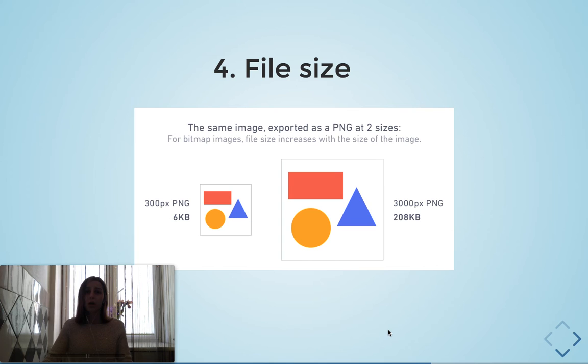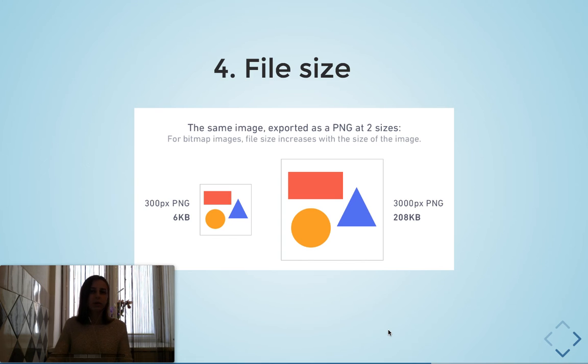File size. Vector images are quite a bit lighter than their raster peers because their dimensions are defined by mathematical calculations and not by millions of pixels. The high efficiency of their file size makes them much more convenient to transfer from one device to another.